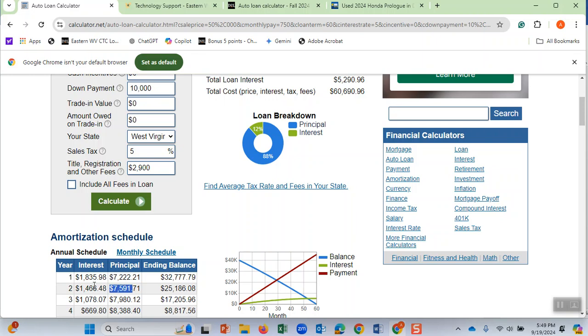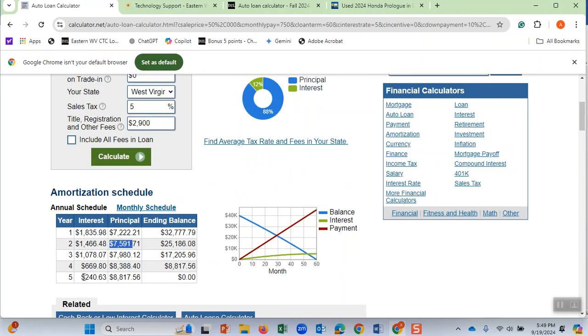And of course, these have gone for the interest. And look at the last, the fifth year. On the fifth year, I pay around $9,000. Out of that, around 8,800 goes for the principal, and 240 goes for interest, and then that will be what I owe at the end. Therefore, this table shows this.